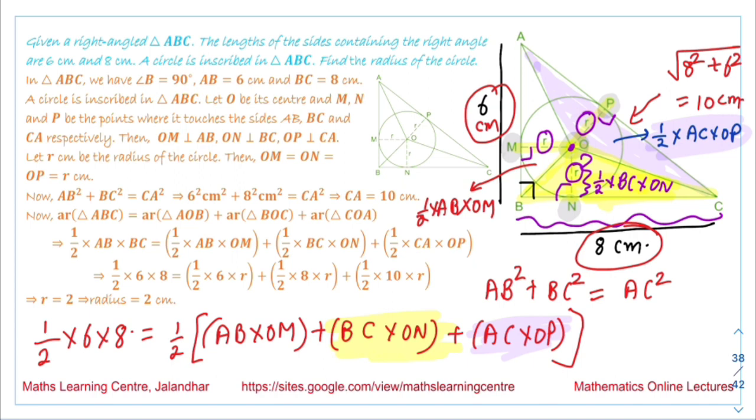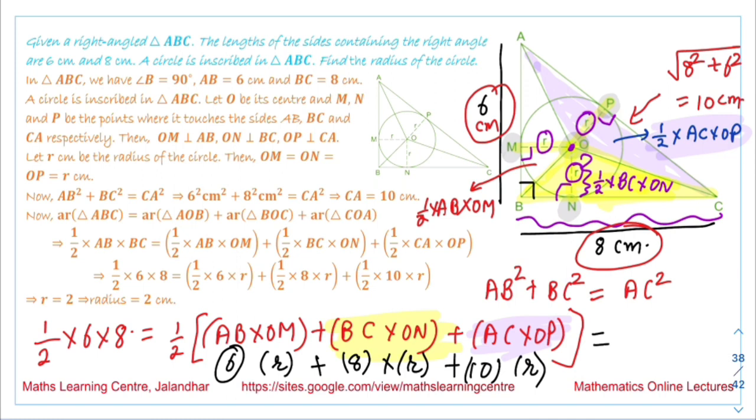Now the value of AB is 6, OM is R, plus BC is 8, ON is R, plus AC we have calculated is 10, and OP is R. So the 1 by 2 and 1 by 2 get cancelled, and the total value comes out to be 24 R. So the value of R is 48 by 24, that is equal to 2 centimeters.